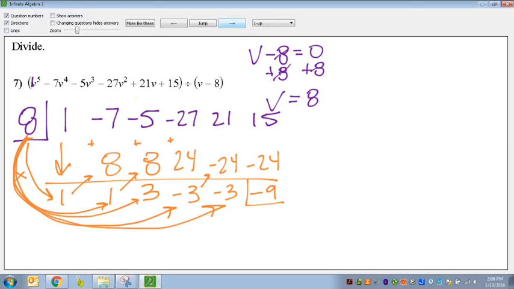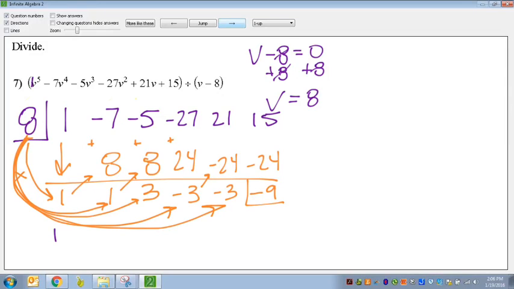Here's the cool part. Whenever we divide, we're actually knocking down the variable. So we're at v to the 5th. And if we divide it, we're taking away one of the powers. So we go from the 5th to the 4th. So when I write my answer, I'm just going to copy the numbers that I got, 1, 1, 3, negative 3, negative 3, and just start with v to the 4th.